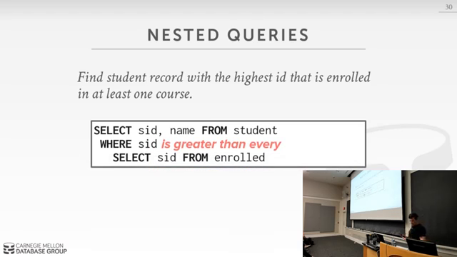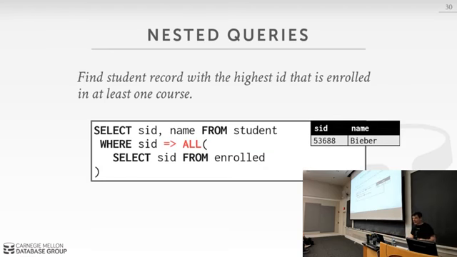We can be a bit more sophisticated, maybe put a distinct there, but it's all the same. Now we need to match the student ID from the student table in the outer query with the student ID from the inner query. For this, we can use greater than or equal to all. It has to be greater than or equal to because we need to match ourselves, the student that does actually have the highest one.